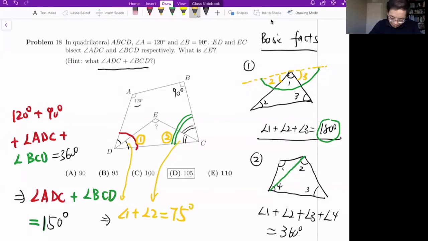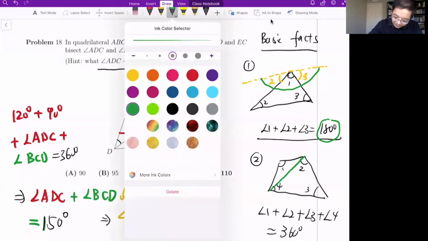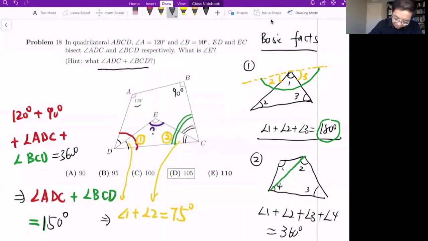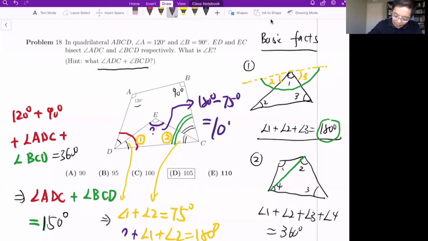Now if we want to figure out the question mark, we know the question mark plus angle 1 plus angle 2 is 180, because in this triangle EDC. So this one equals 180 minus 75, that's 105.